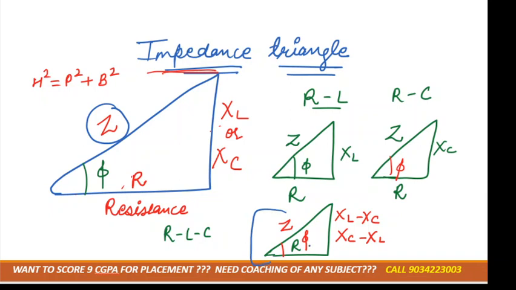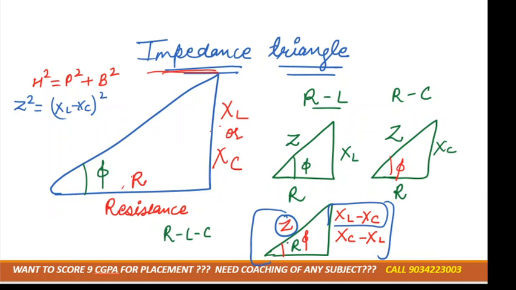Let us consider this triangle. Hypotenuse is Z, so we can take Z square is equal to, perpendicular is how much? We can take XL minus XC. Okay, XL minus XC whole square, and base is how much? Base is R. So we'll get the same formula, that is Z is equal to root of R square plus XL minus XC whole square. Correct?